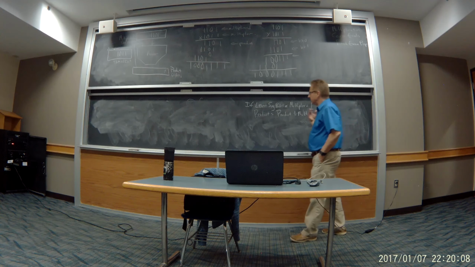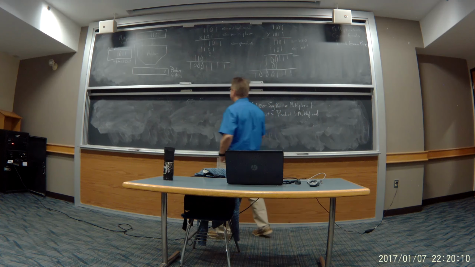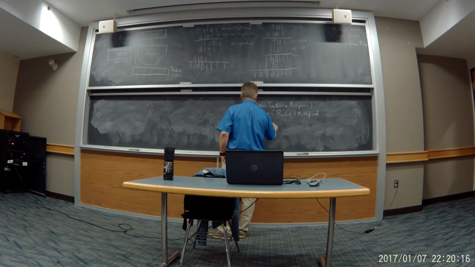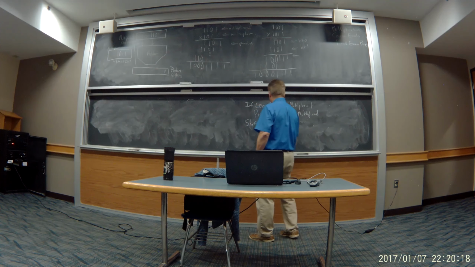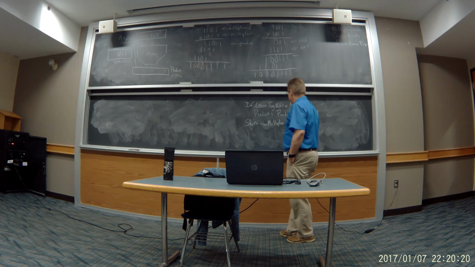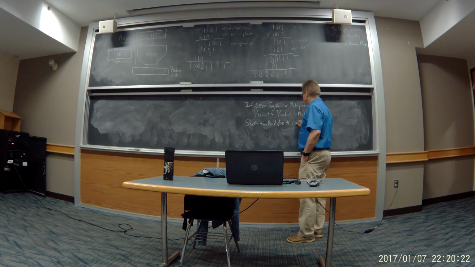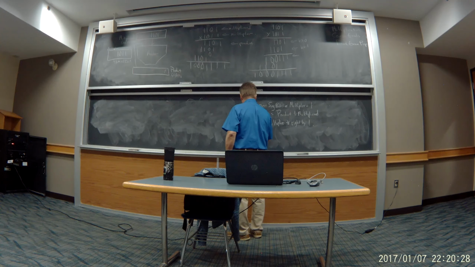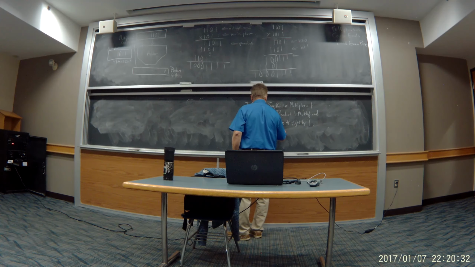Okay? And regardless of whether that's true or not, we'll shift the multiplier register to the right by 1 bit, and we'll shift the multiplicand register to the left by 1 bit.